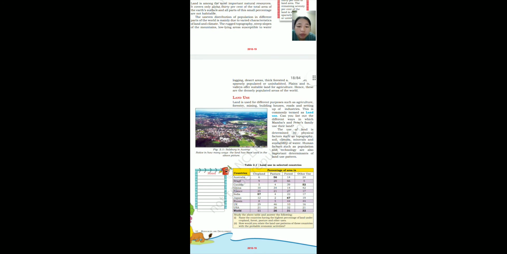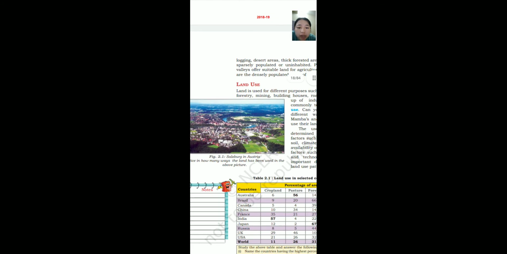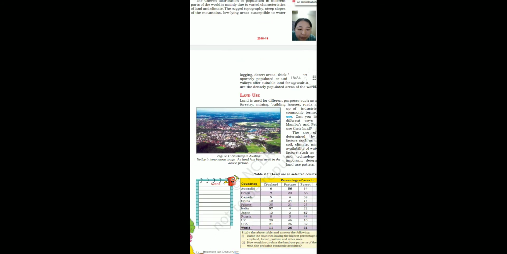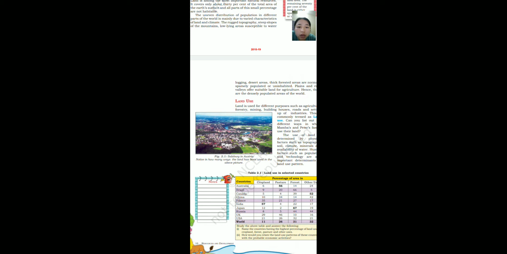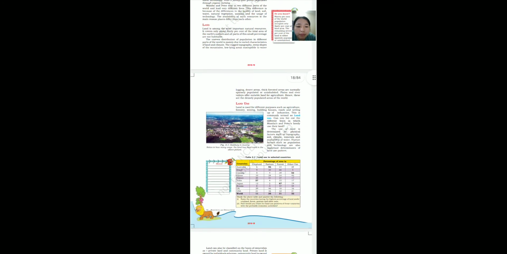In this book you can see a picture. Look how the land has been used. As mentioned earlier, river valleys and plains are often the densely populated parts of the world.